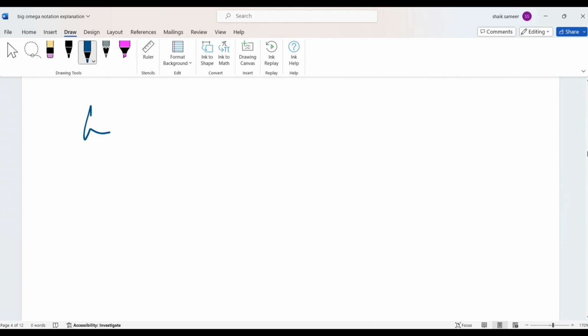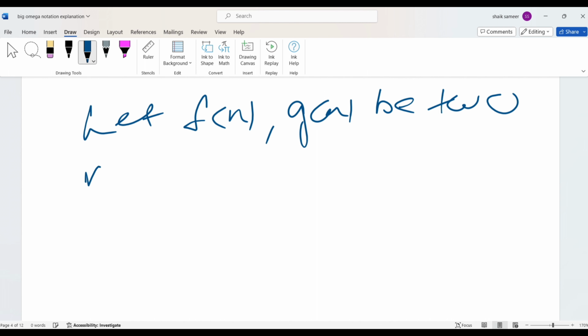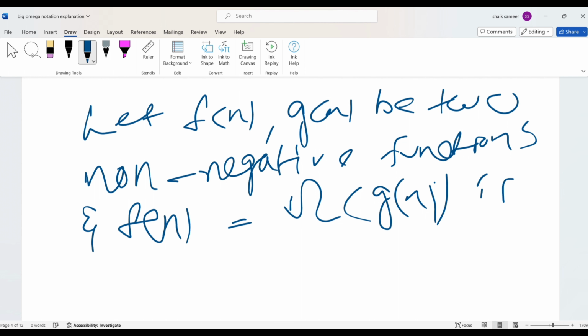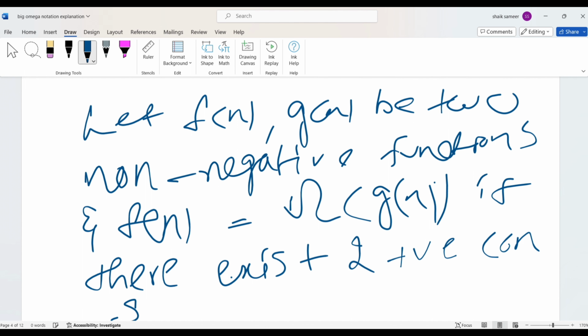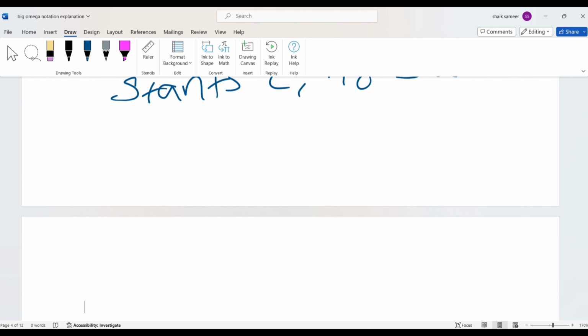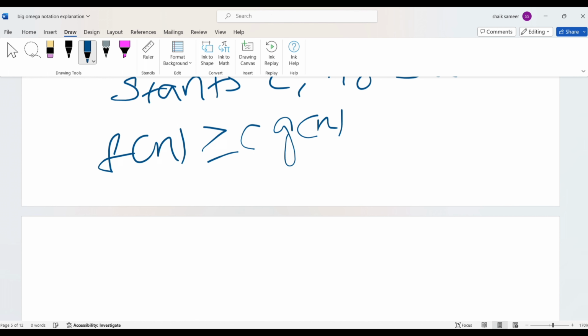Definition: let f of n, g of n be two non-negative functions, and f of n equals big omega of g of n if there exist two positive constants, c and n naught, as you know from big O notation, such that f of n is greater than or equal to c into g of n for all n greater than or equal to n naught.